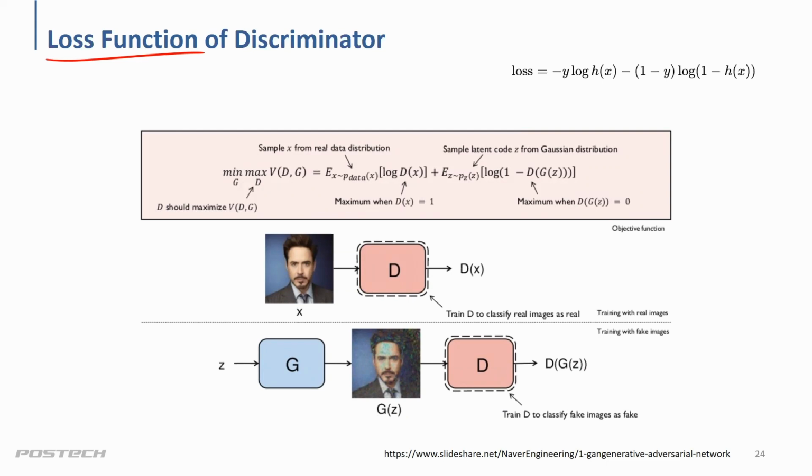Again, for the discriminator, it's a classification problem. And we know that we use cross entropy, right? For classification, this is the equation for the loss function, the cross entropy.